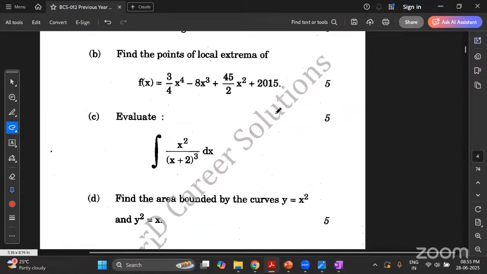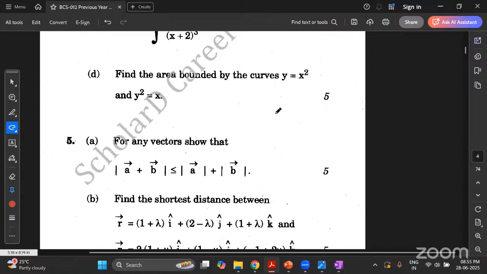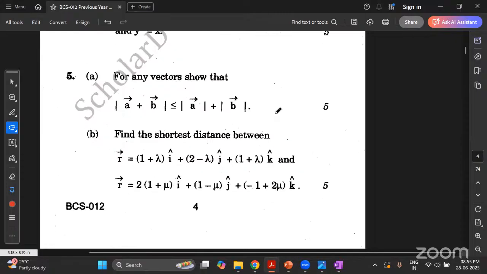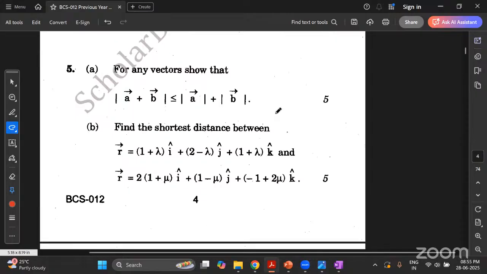Under vectors, the concepts are very limited, but if you can understand unit vectors and all that, you can go through that. And again, this one is a proof which is there in your material. It is already solved. You can learn it. This question is very much repeated. It's like a derivation. If you can understand that, it's useful because it's quite repeated.